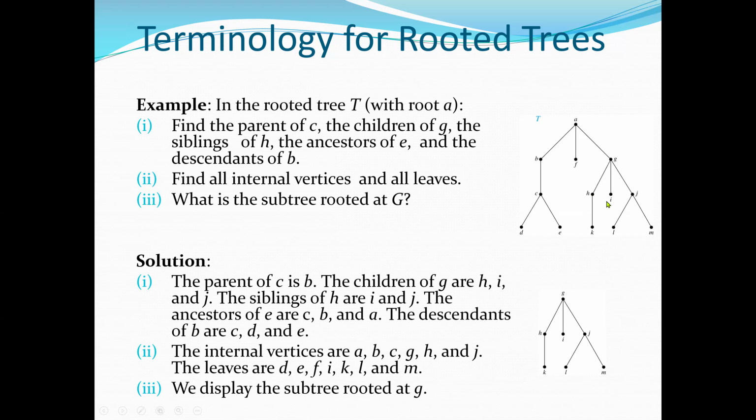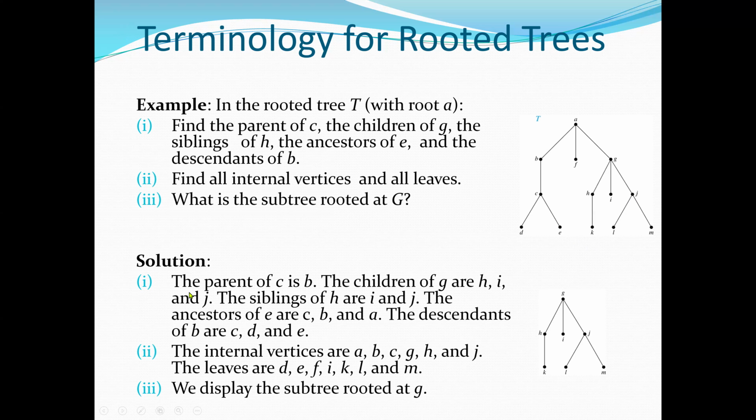So it will be I and J. And as for ancestors of E, so we go to E. The ancestors will be C, B, and A.